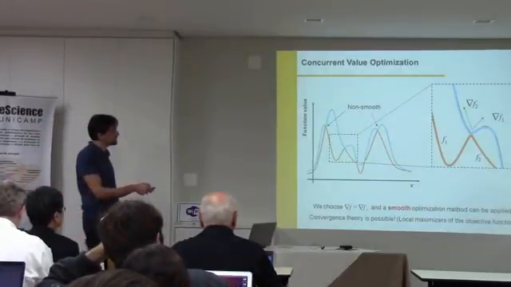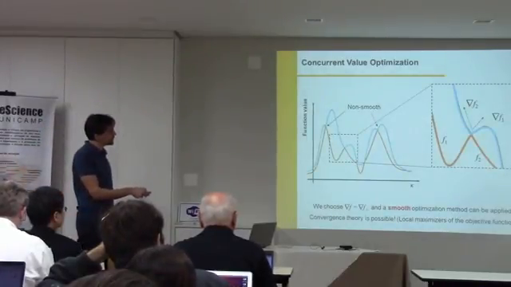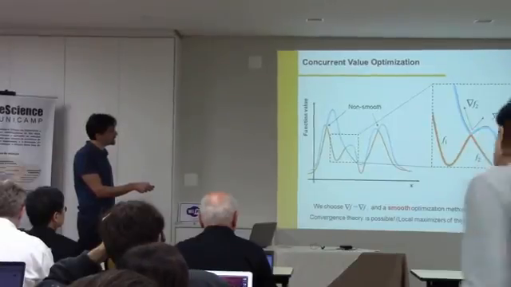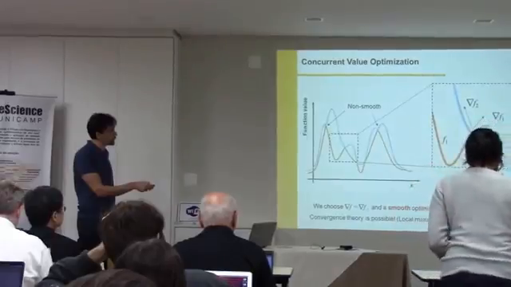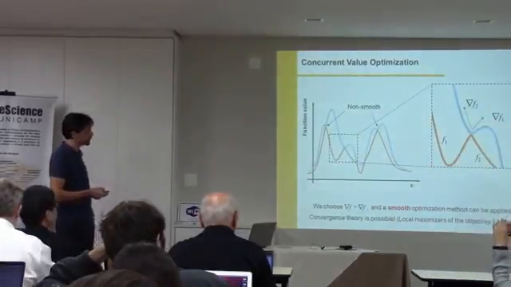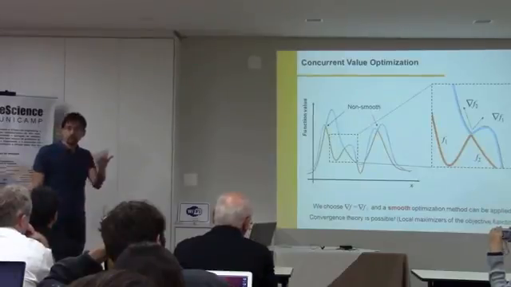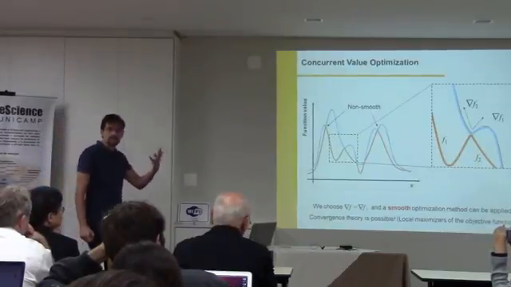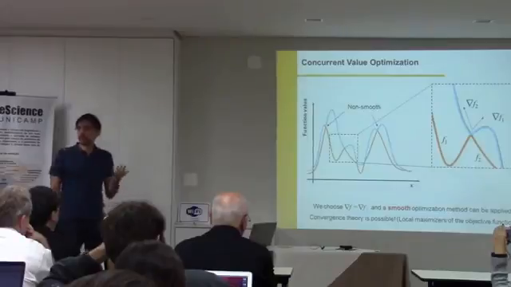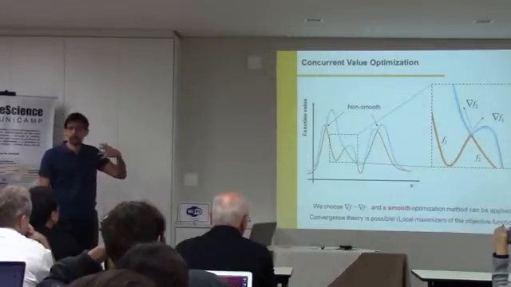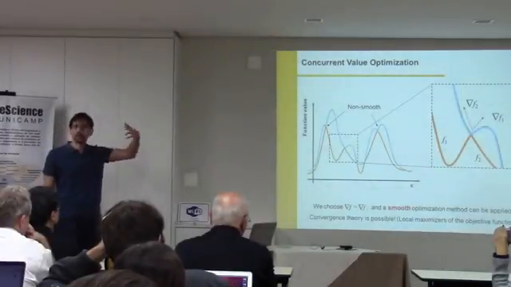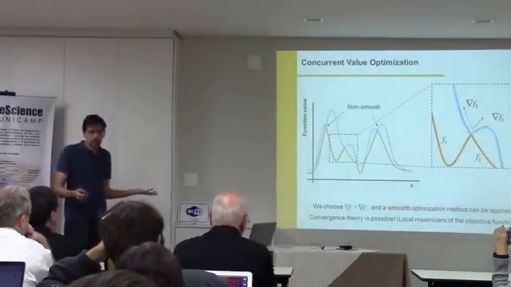What does that mean? Suppose that we are at this point of the domain, exactly where two orange functions are crossing each other, and we want to move in our optimization procedure in such a way as to obtain a direction that maximizes the value of the function.